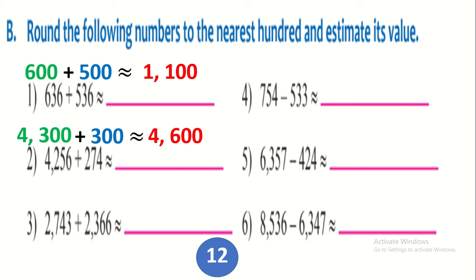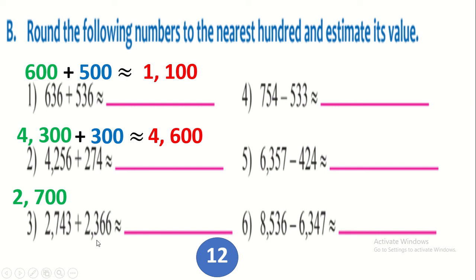Students, next is number 3. 2743 plus 2366. The nearest 100 for this number is 2700.